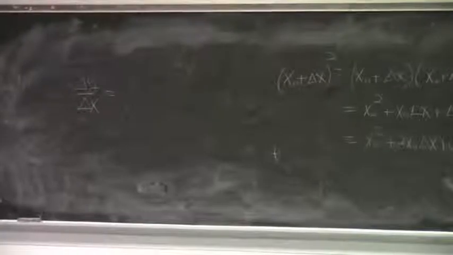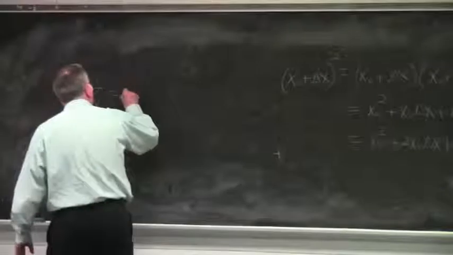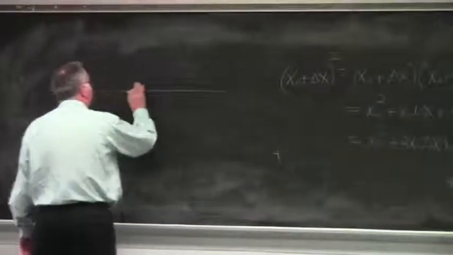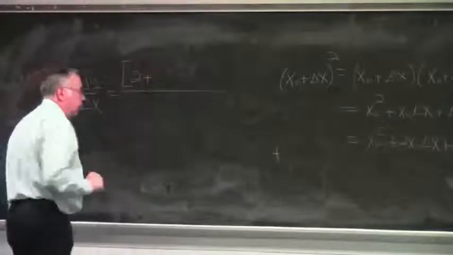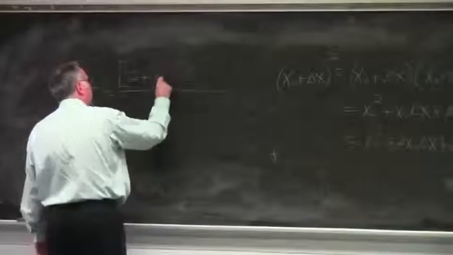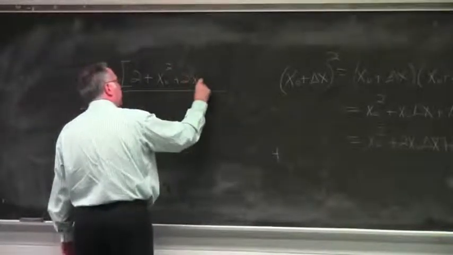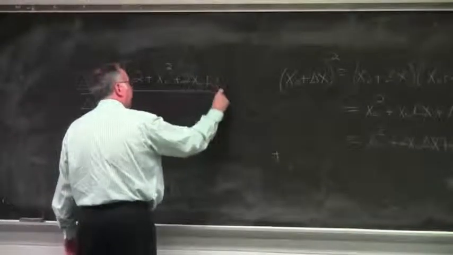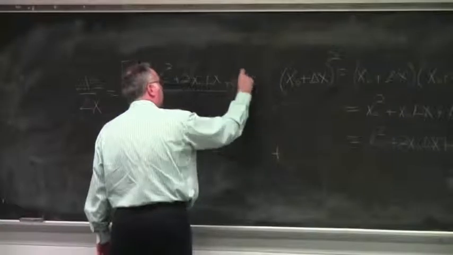Okay, so let's substitute that in. I'll put brackets here. 2 plus x sub 0 squared plus 2 x sub 0 delta x plus delta x squared. Okay.